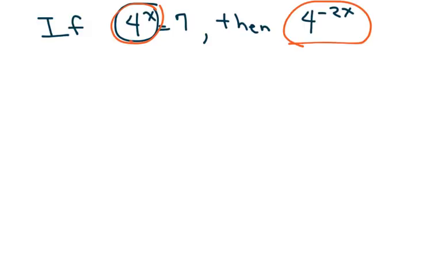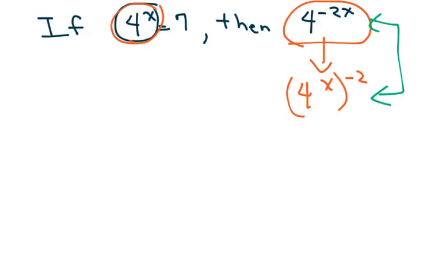What I'm going to write this as is 4 to the x, to the negative 2. Because aren't these equivalent? I just broke this down a little. Now once I do that, I know that 4 to the x equals 7. So 7 to the negative 2 equals 1 over 49. Okay? So you're just breaking this part down.